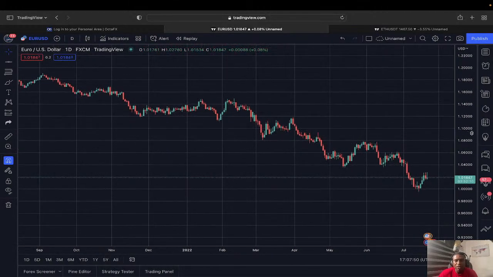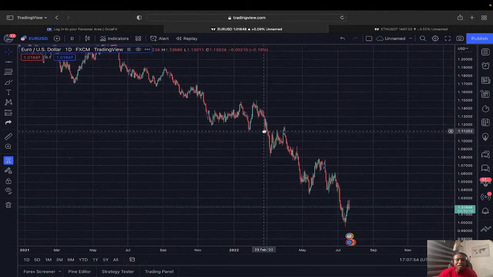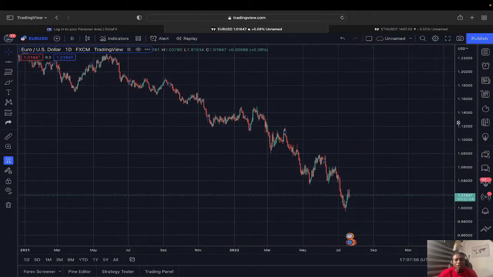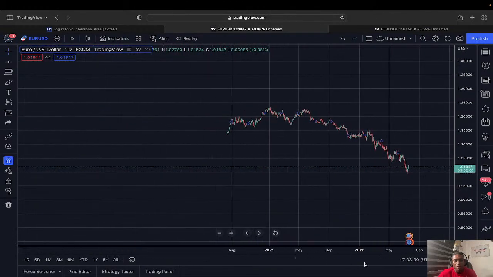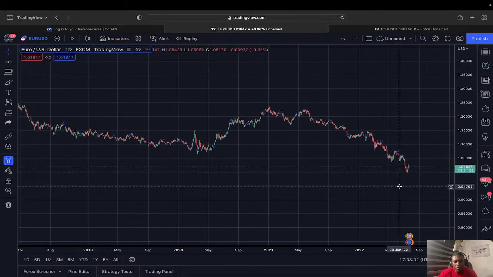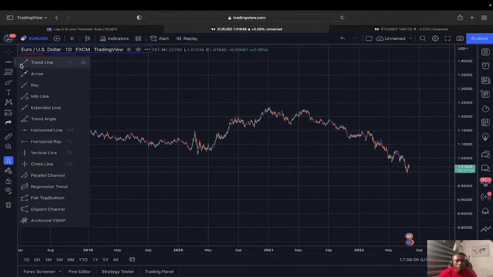Good. So you look at this now. This is the daily time frame. We can see that on the daily time frame there has been a consistent fall in price.